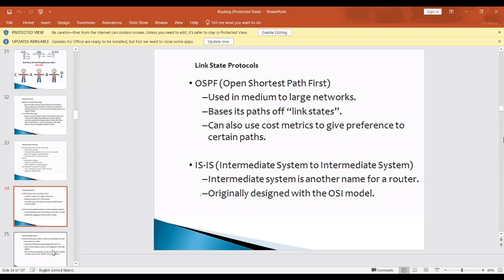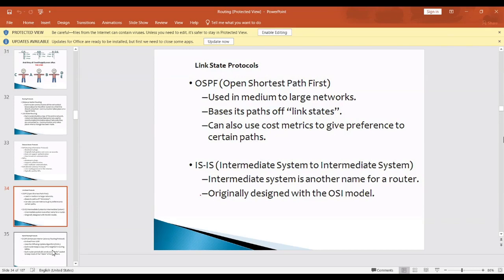Because of that, it is a very efficient routing protocol, because it always tries to calculate the shortest path first, and after that forwards the packets to the destination according to the selected shortest path.